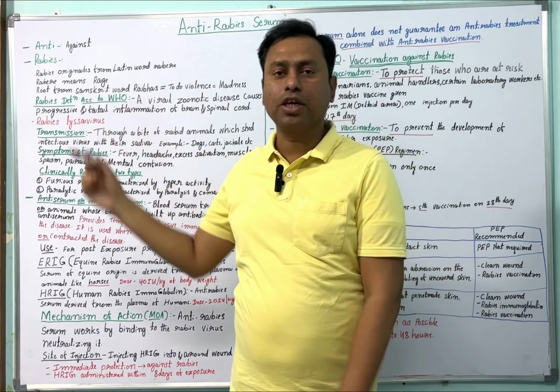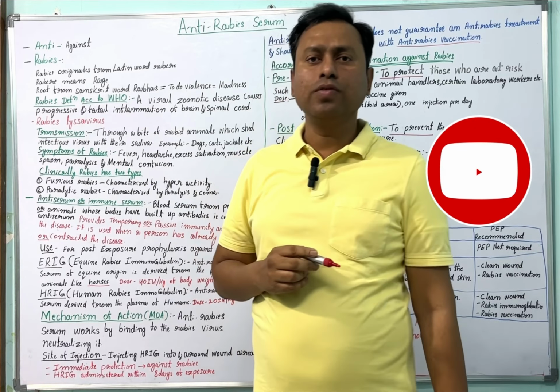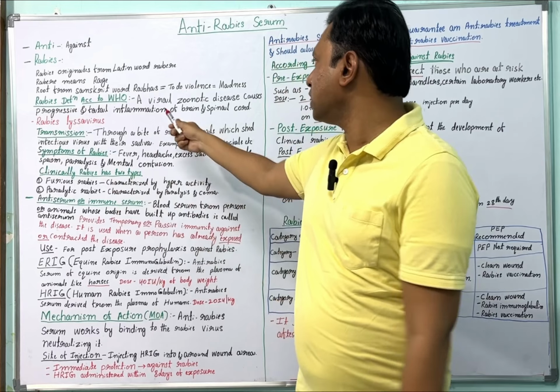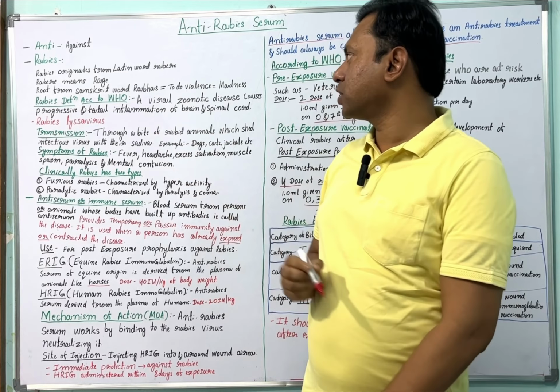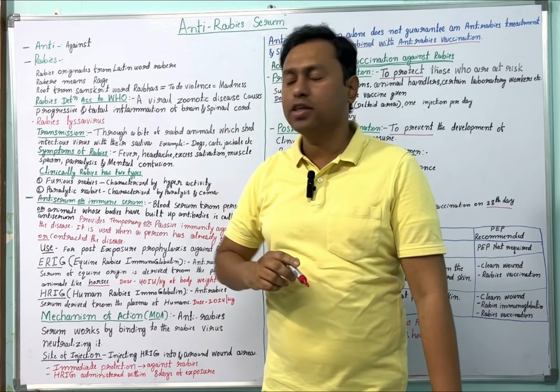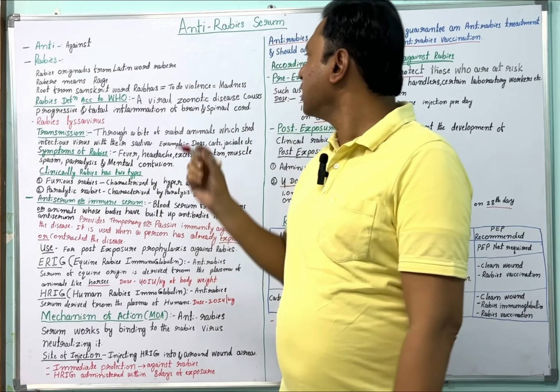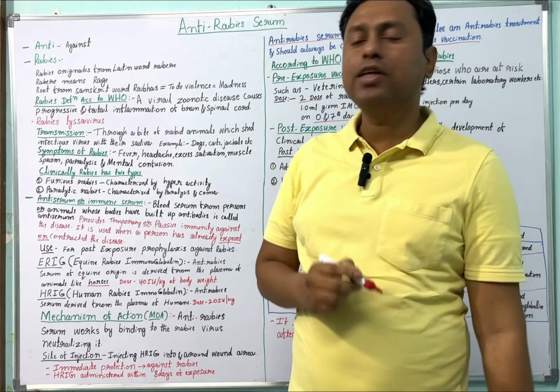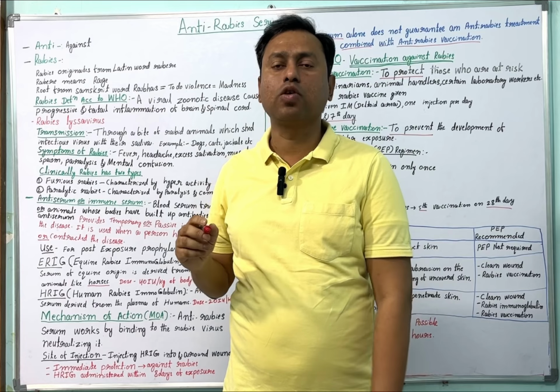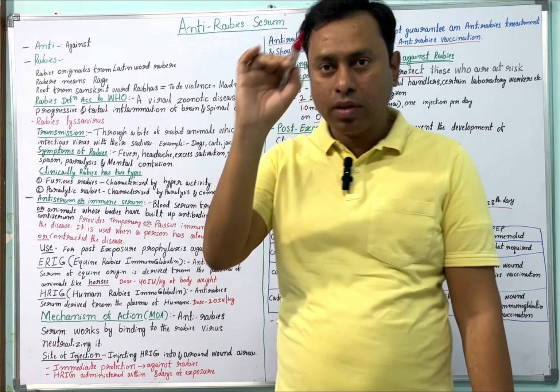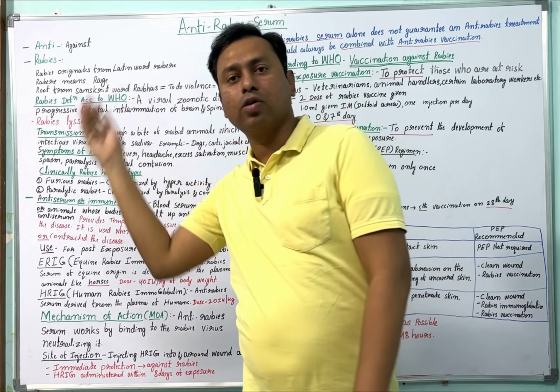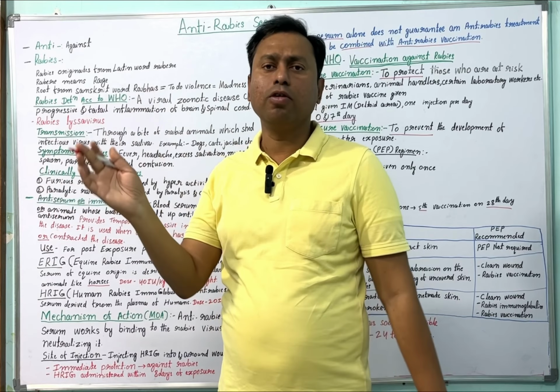What is the definition of rabies according to WHO? According to WHO, it is a viral zoonotic disease that causes progressive and fatal inflammation of the brain and spinal cord. What is a zoonotic disease? A zoonotic disease is a disease which is transferred from animals to human beings, and it can also be transmitted from human to human.